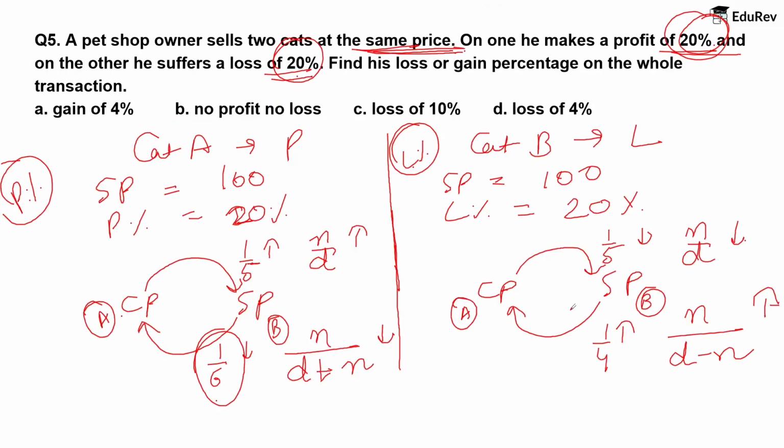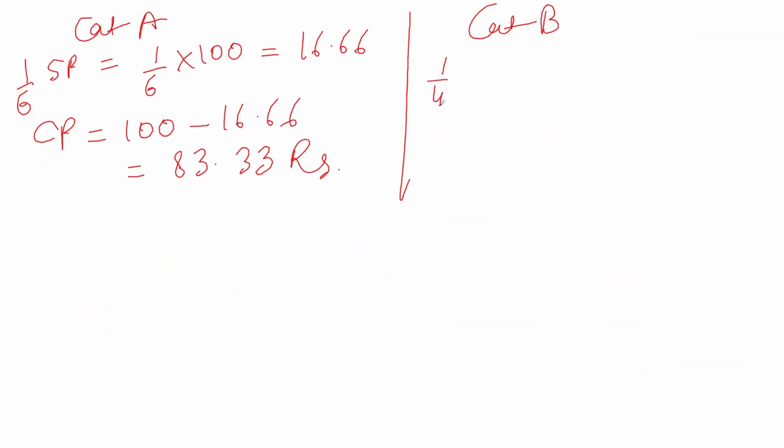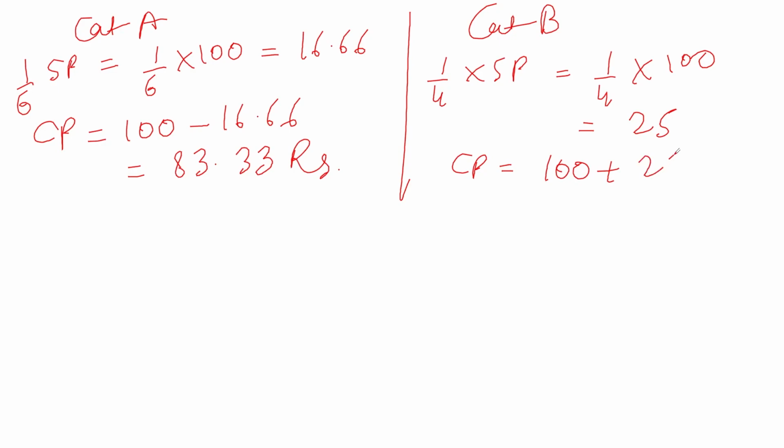Now, if you look at CAT B, while going from SP to CP, there has to be an increase of 1 by 4. So 1/4 of SP is nothing but 1 by 4 of 100. When you solve 1 by 4 of 100, you get 25. So, CP is nothing but, because it is an increase, 100 plus 25, that will be 125 rupees.